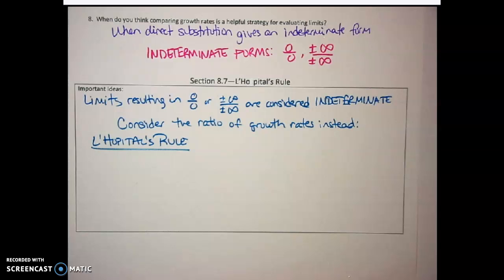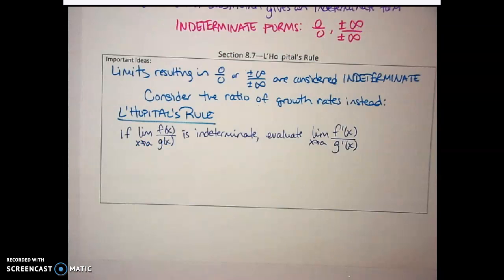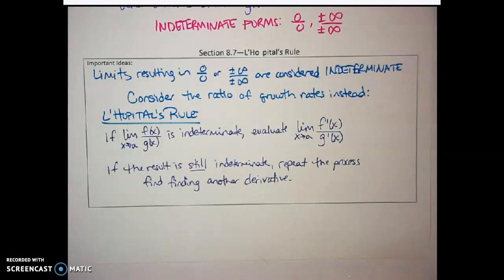If you get one of those forms, then we're going to consider the ratio of the growth rates instead, and this is called L'Hopital's rule, which states: if the limit as x approaches a of f of x over g of x is indeterminate, then you can evaluate the limit as x approaches a of f prime of x over g prime of x. Also make a note that this is not the quotient rule. If the result is still indeterminate, repeat the process, finding another derivative of the top and the bottom.